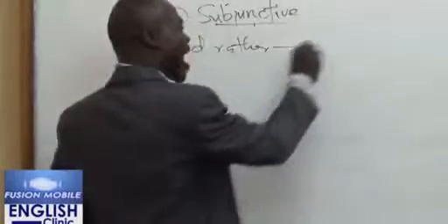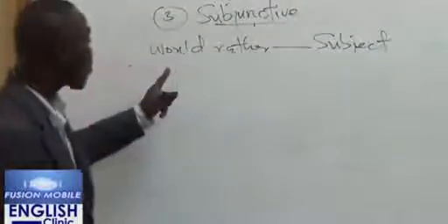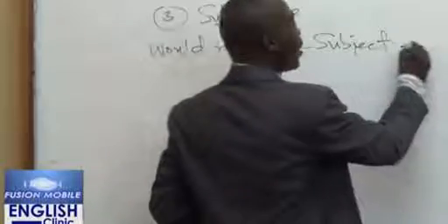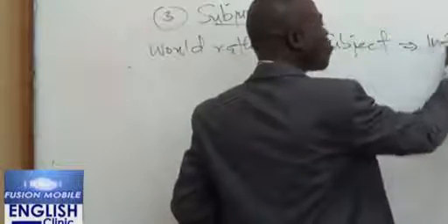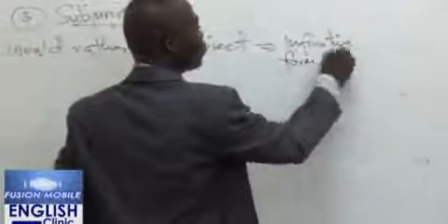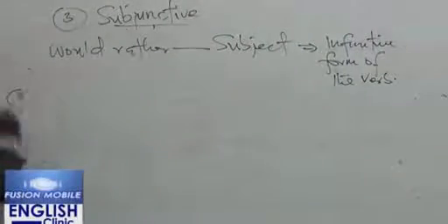In other words, whenever we have the expression would rather minus subject, we are going to have the infinitive form of the verb. Look at this example.